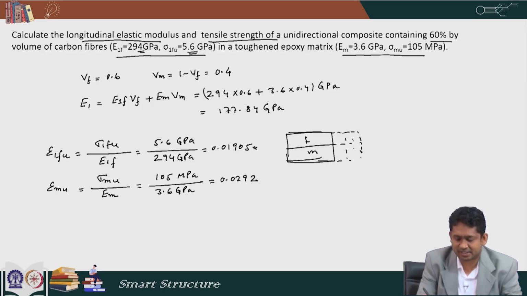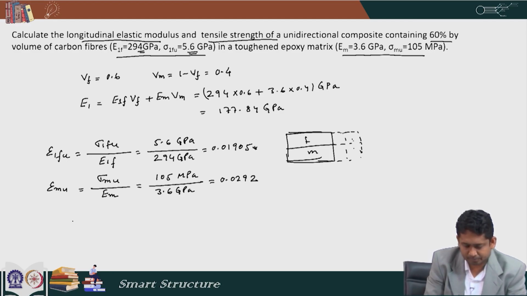Now, when the strain in the fiber is 0.01905, the stress is 5.6 GPa, but the stress in the matrix is not the ultimate stress; rather it is 0.01905 multiplied by the elastic modulus.